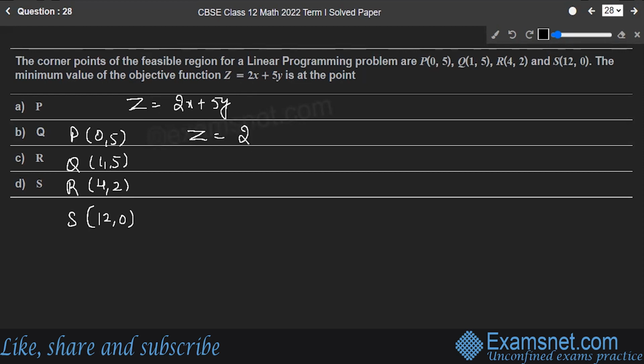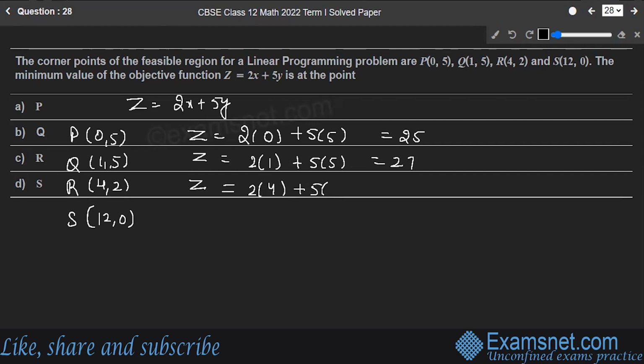At P, z is equal to 2 into 0 plus 5 into 5, which is equal to 25. At Q, z is equal to 2 into 1 plus 5 into 5, which is 27. At R, z is equal to 2 into 4 plus 5 into 2, that is equal to 18. At S, z is equal to 2 into 12 plus 5 into 0, which is 24.